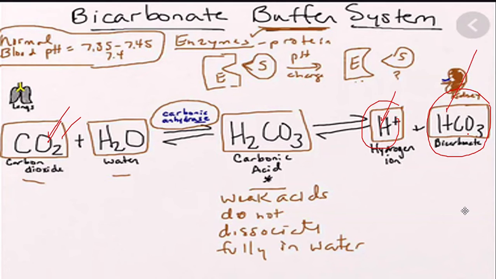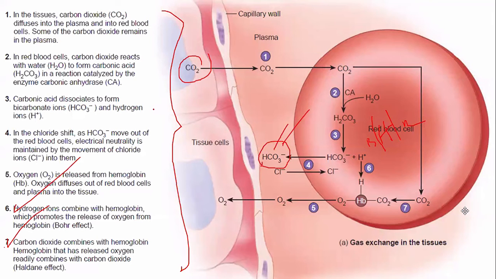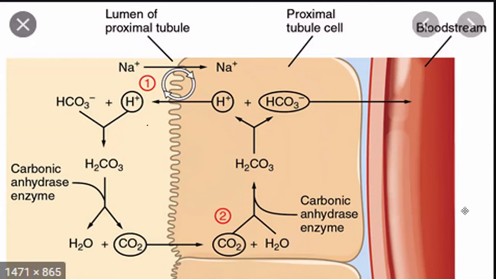That hydrogen, look at this. This is the hydrogen here. It will be secreted out. This is the lumen. This is the tubules. Remember? So the hydrogen has to get out. It has to be eliminated. Okay.